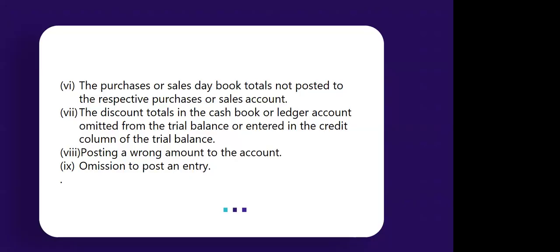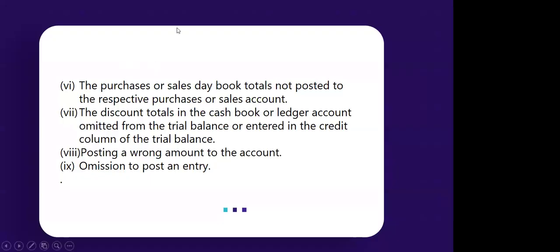But for you to easily remember or to differentiate as you're working out errors, at least I told you to cram the errors that are not detected by your trial balance. Because when you know those ones, if you see a scenario where those 6 don't fall, automatically it is an error that is detected by the trial balance.